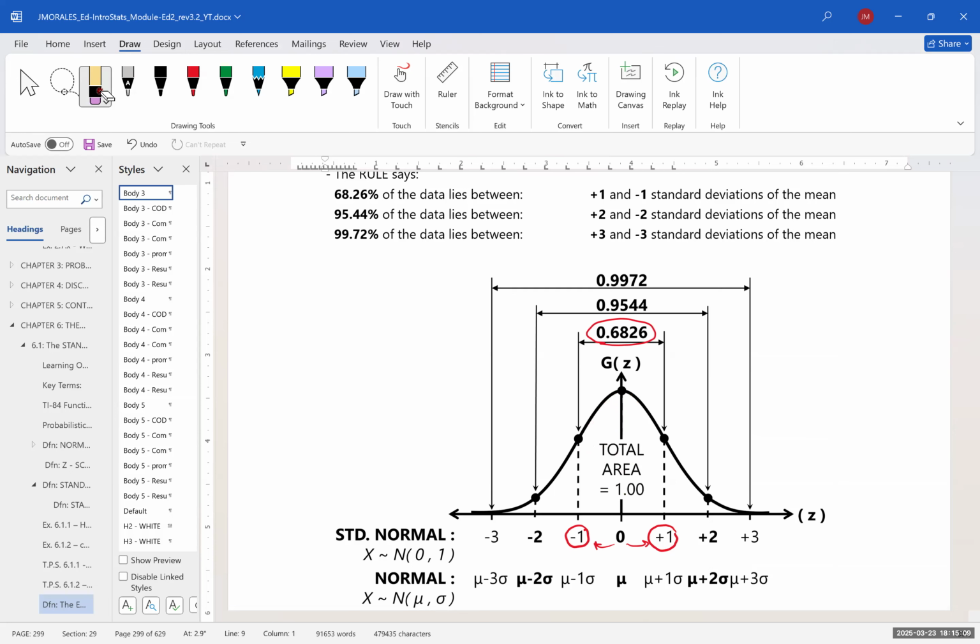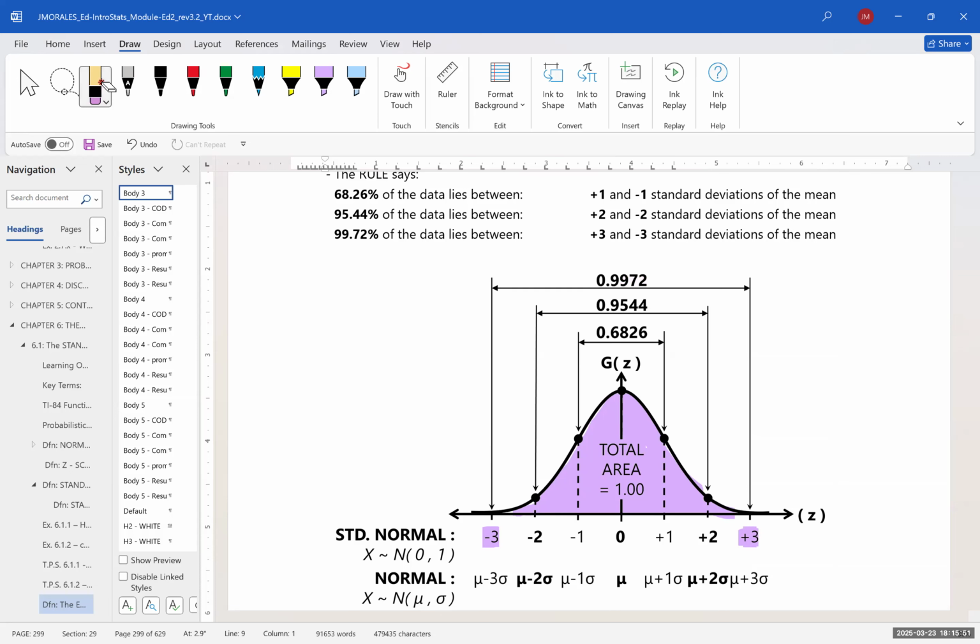Between +2 and -2 standard deviations, the area underneath the curve is 0.9544. And between +3 and -3 standard deviations, the total area under the curve, doing my best to color in with the brush tool I got, is 0.9972.